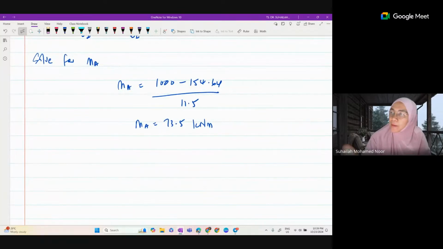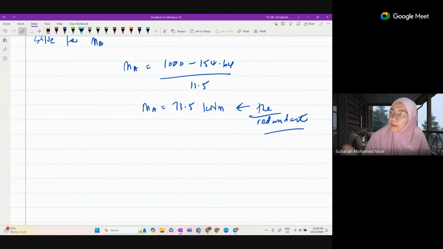Kita dapat redundant. So this is the redundant. Okay, so once we have the redundant, we can continue. We have another 3 reactions and we have 2 options.